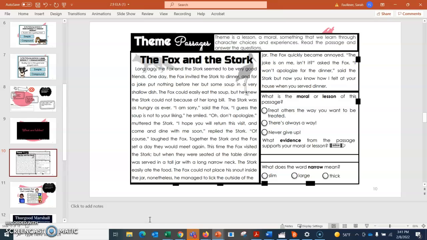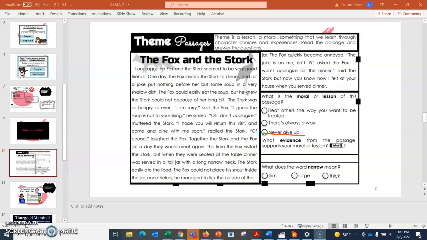And the fox could not get his nose down in the long, narrow neck of the jar because of his snout. He doesn't have a long, narrow nose, so he wasn't able to get into the jar. So even if they kept trying, they weren't going to be able to do it because it was physically impossible. So I'm going to say that answer is not correct.